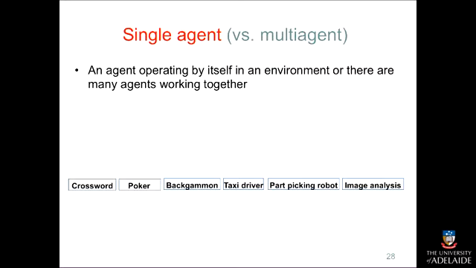Backgammon, two players, a two-player game, so multi-agent. Taxi driver, clearly there are many agents in this particular environment. The cart-picking robot is probably a single-agent environment, but maybe it's cooperating with a person, or maybe with another robot. Image analysis, almost certainly this would be a single-agent environment.